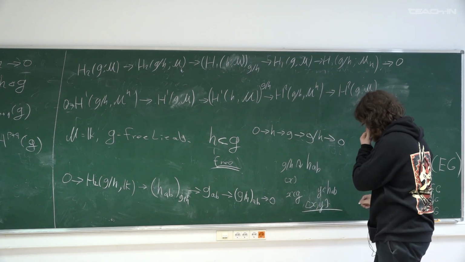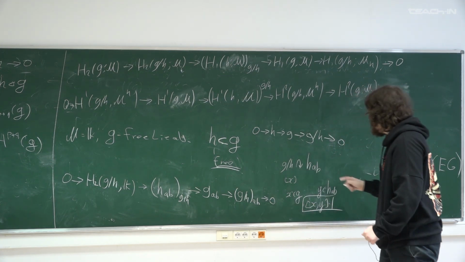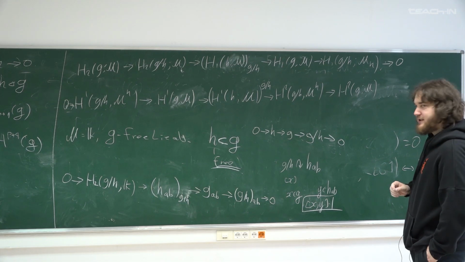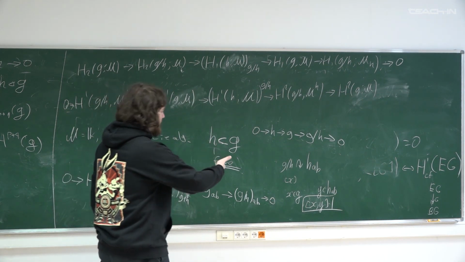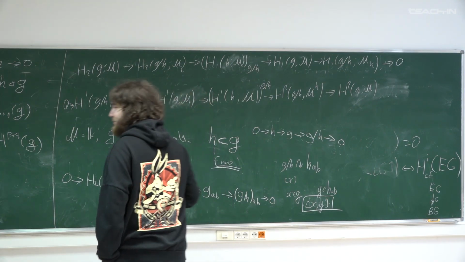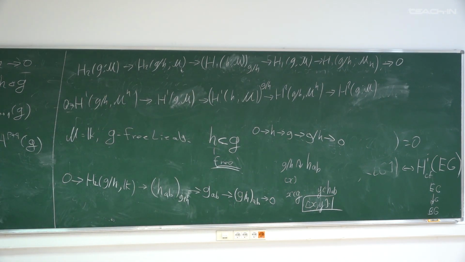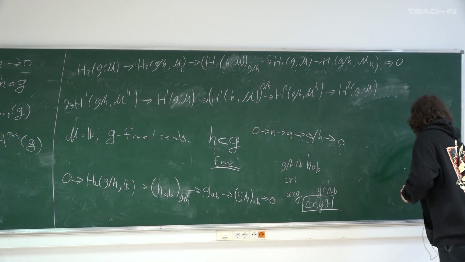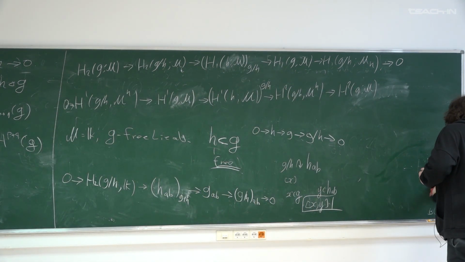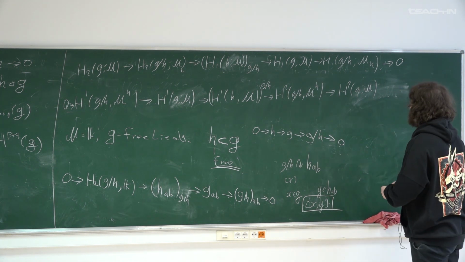I claim that this is this action. And if this is true, then what are the coinvariants of this section? It's the same argument as for groups, but now it's easier because it's linearized.